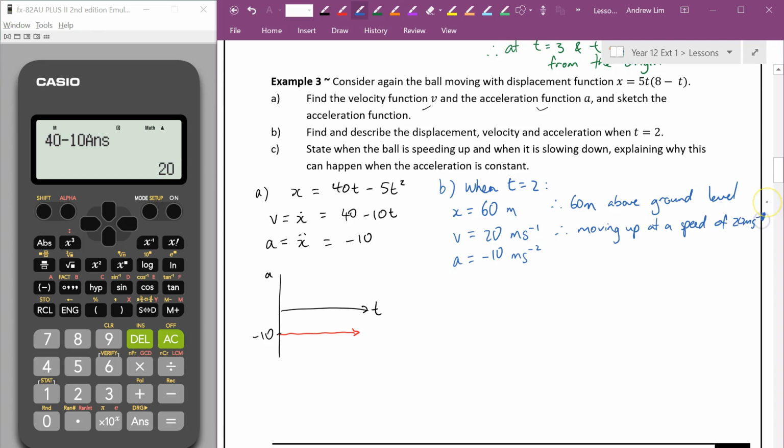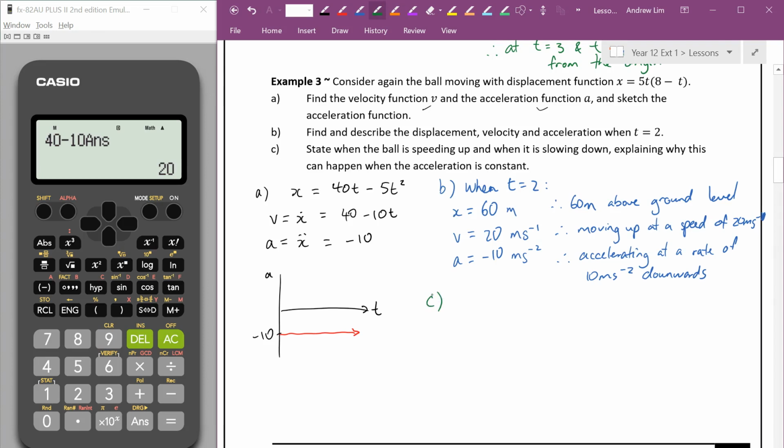And this is accelerating at a rate of 10 meters per second squared downwards. You should realize that that's actually gravity, which is 9.8, so very close to 10.